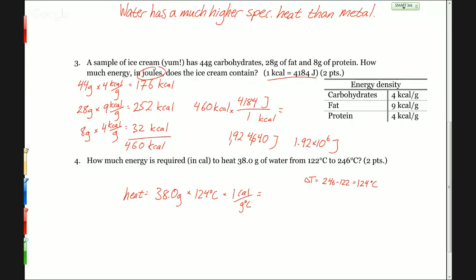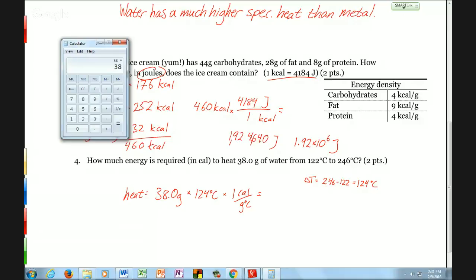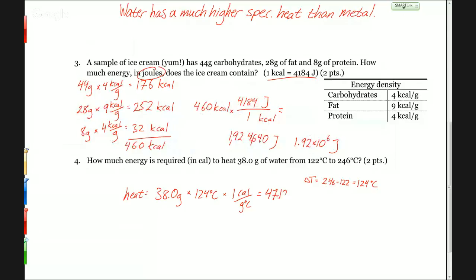I suppose I could just do the calculator here. 4712.